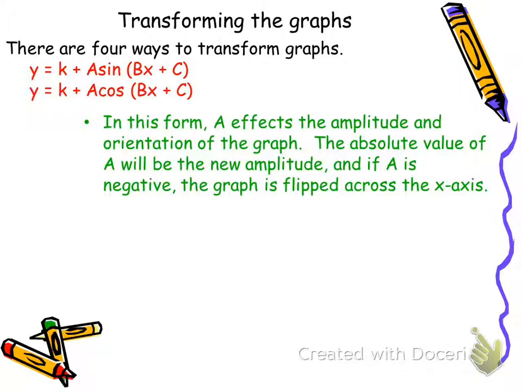Just like the A value of a parabola made it open down instead of up. The graphs are going to go in an opposite direction. We're going to do a negative sine and a negative cosine in just a minute so you can see what these do. So A affects the amplitude and orientation of the graph. Absolute value of A is the new amplitude. If A is negative, the graph is flipped across the x-axis.